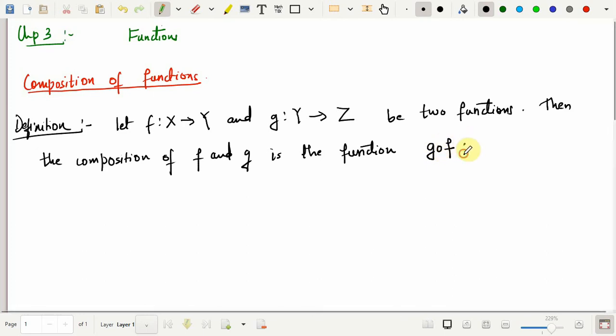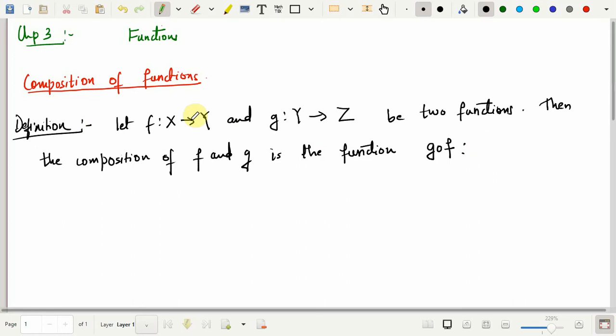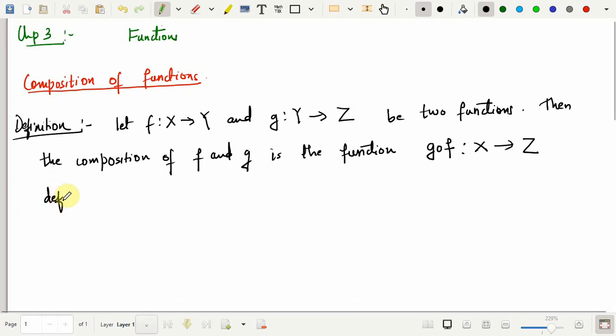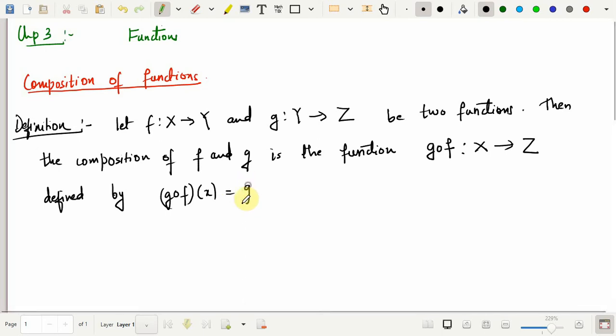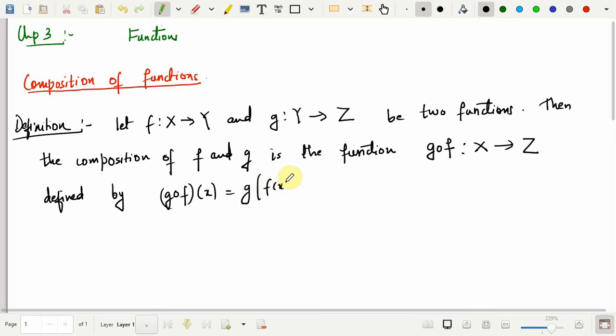So this is a function whose domain is the domain of f and the codomain is the codomain of g, and it's defined by g composite f evaluated at any point x in X is g of f of x.